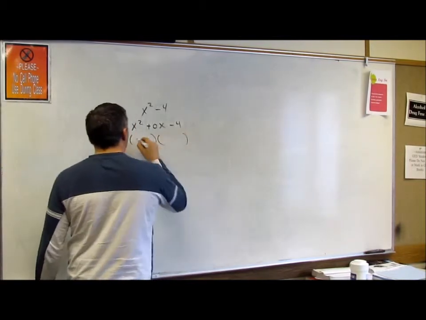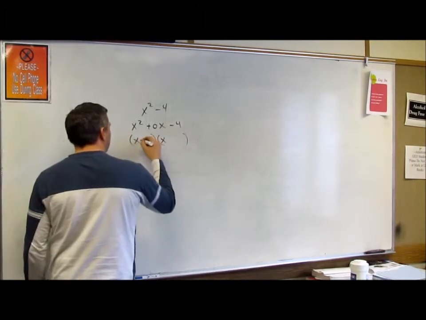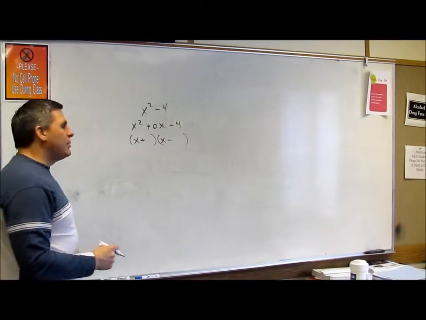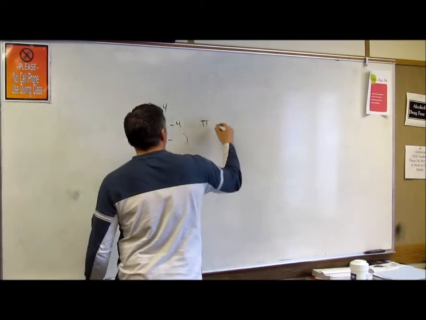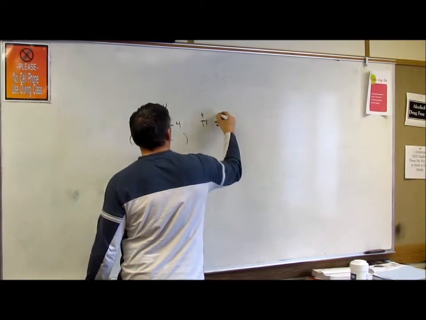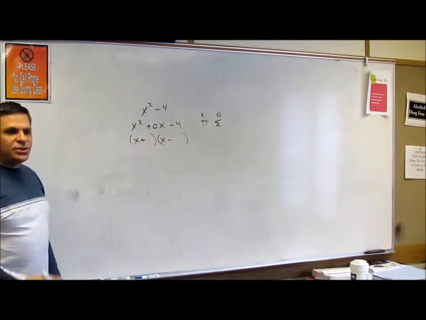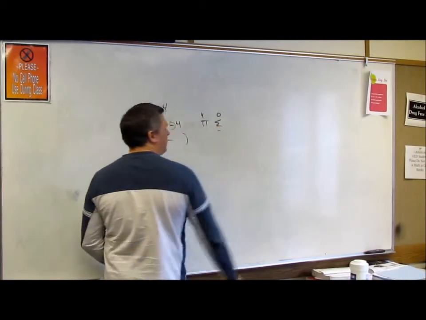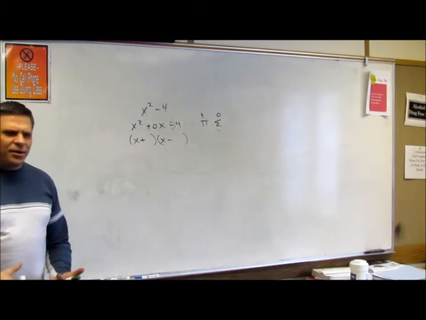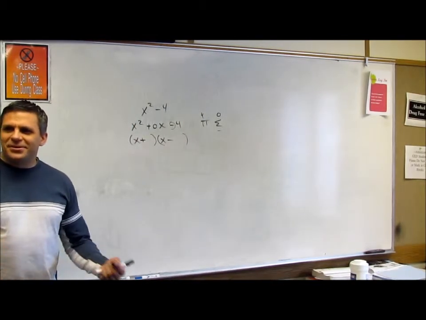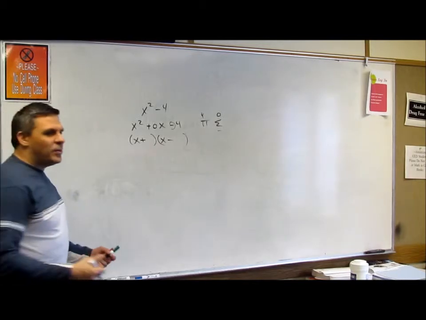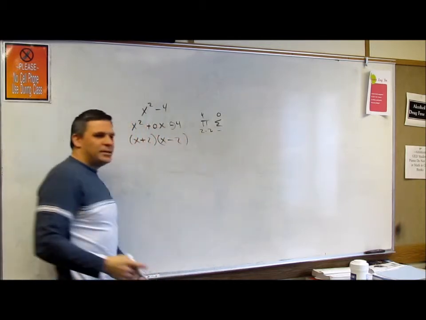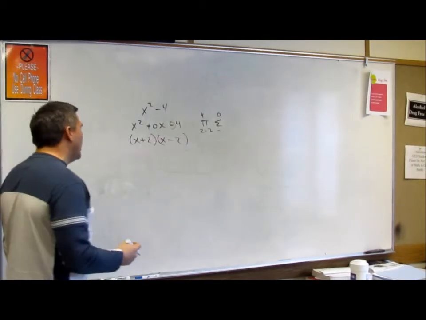Parentheses, x and x, sign, plus. This sign says they're different, right? And then I'd say, okay, product, sum, 4, and 0, right? So I need two numbers that multiply to be 4, but are different by nothing. How are you different by nothing? The two numbers that are the same. Right? What two numbers multiply to be 4 that are the same? 2. 2. Okay? So 2 and 2.